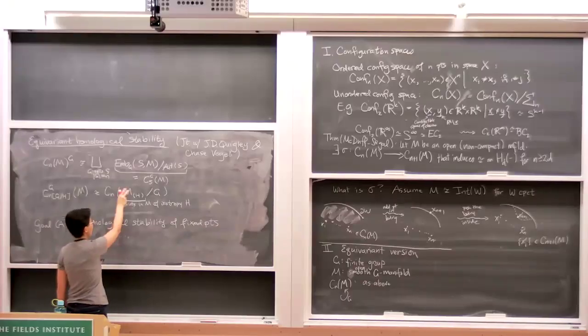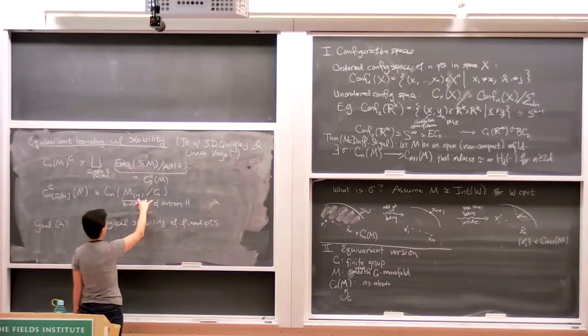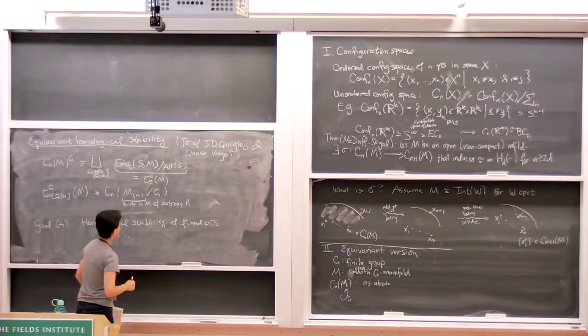If I'm going to do that, then I can just restrict to looking at the part that consists of G mod H orbits. And if I want n of them, I can take n orbits.